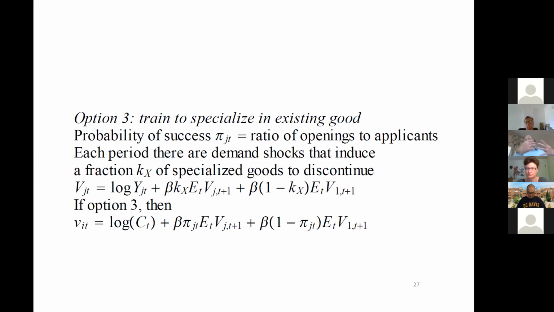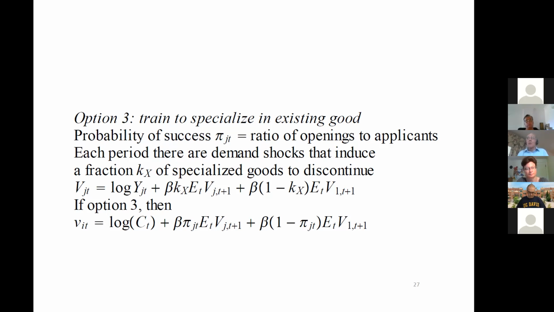You can try to specialize in an existing good, and your probability of success there is based on the number of openings in that good relative to the number of people who apply. The number of people who apply is going to be determined in equilibrium, such that pi jt makes people just indifferent between applying with an existing good and trying to create a new good.